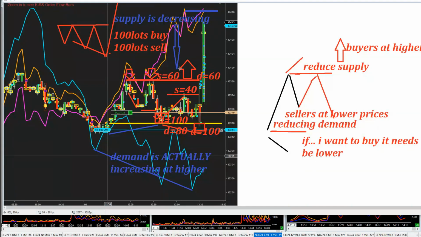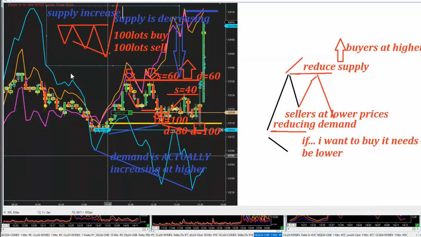If we know that the supply is decreasing at this price, we know that the supply is only going to increase at higher prices. And we can put that on our screens. So we start understanding that supply will only increase at higher prices.